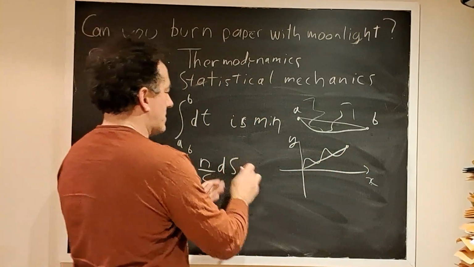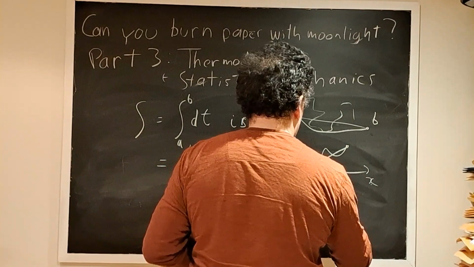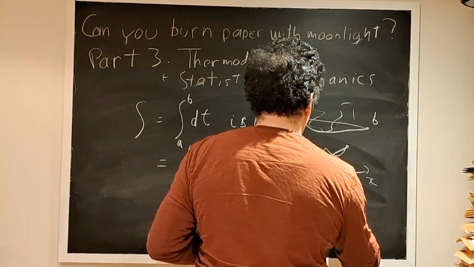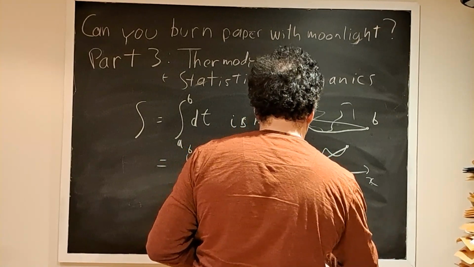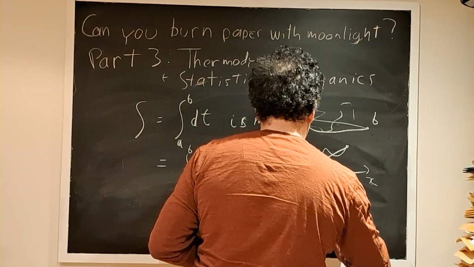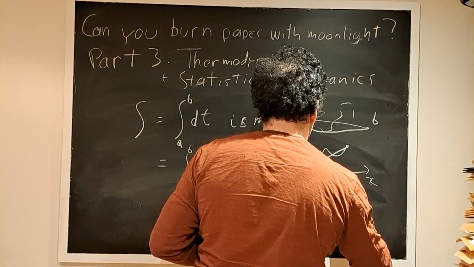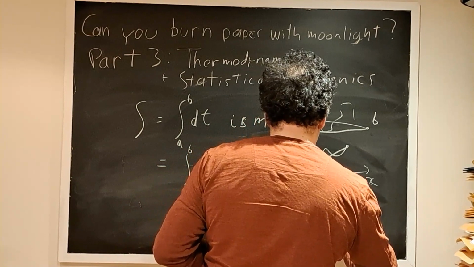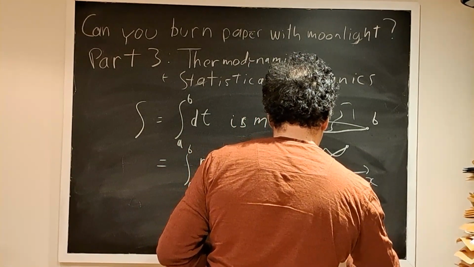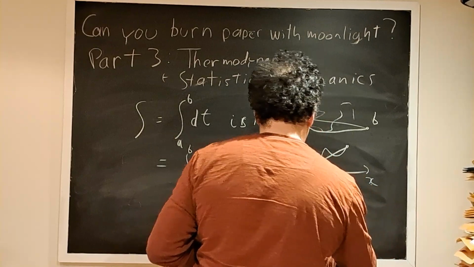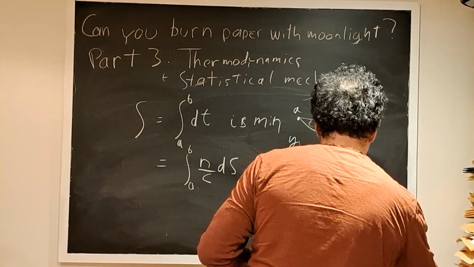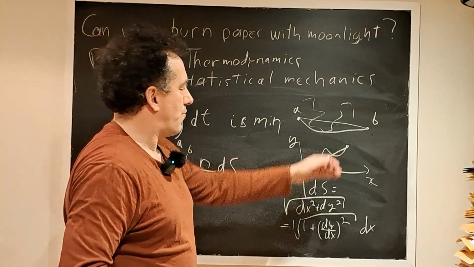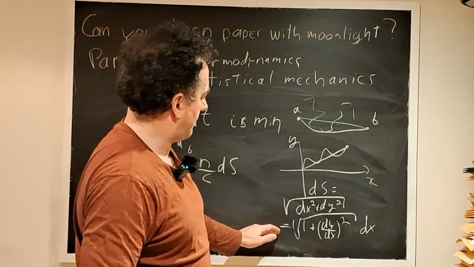So that ds here would be equal to the square root of dx squared plus dy squared. It would be equal to the square root of 1 plus (dy/dx) squared, times dx. Just basic differential geometry here.